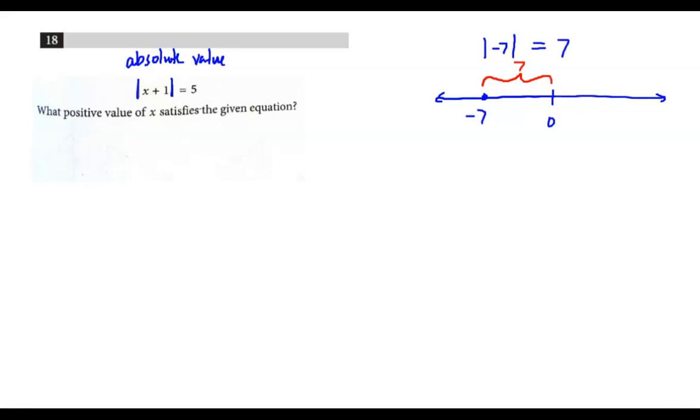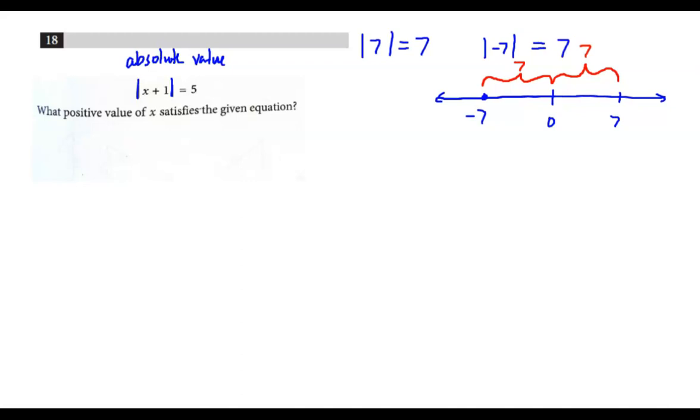And if they were to say what's the absolute value of +7, that also gives you an answer of 7. Moral of the story is whatever's inside the bars, you just make it positive.